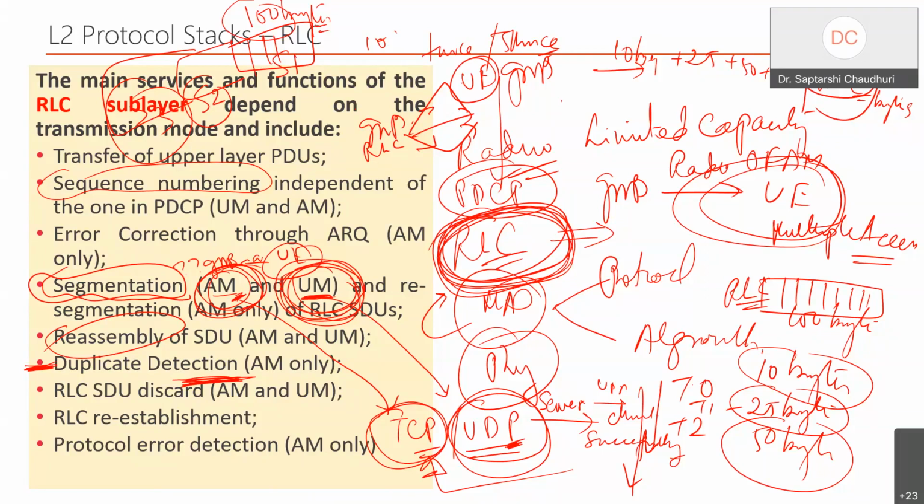If RLC was not doing duplicate detection, then with a single transmission of hello, the application layer would get three hello packets. That is not good. So one entity has to do the duplicate detection, and we put this entity in the RLC layer itself.